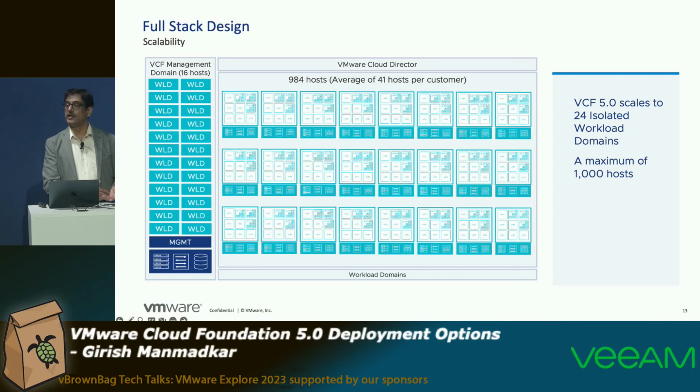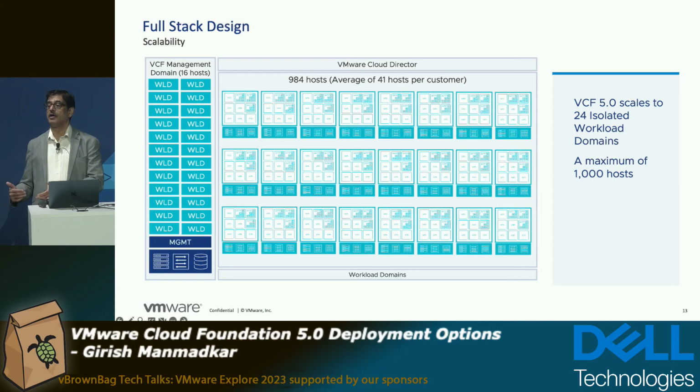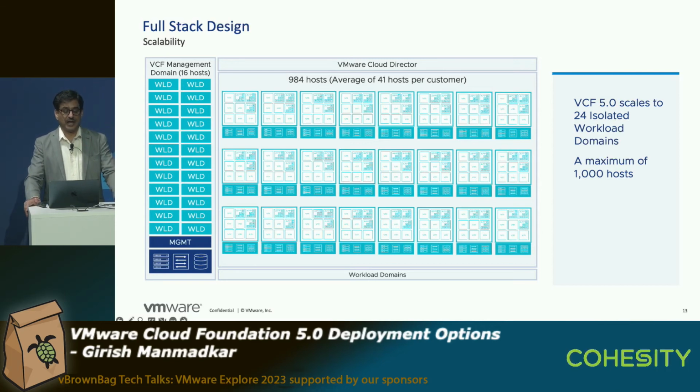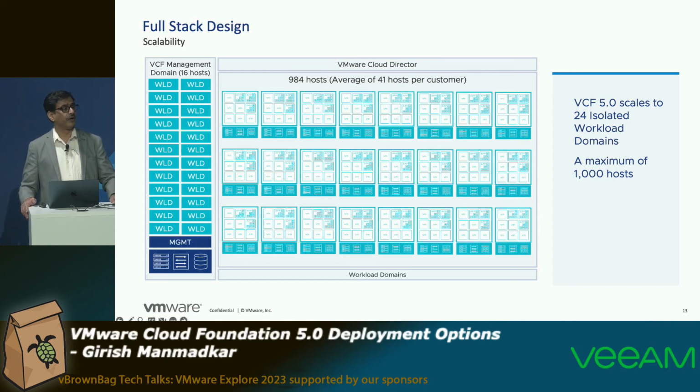They are going to run in my management cluster, but actual workloads will be running on each workload domain. So I can scale my environment and go up to 24 isolated workload domains and a maximum of up to 1,000 hosts. This is what we have tested successfully, and that's what we are putting as a maximum. And if you want to scale beyond that, definitely we are there to help you.